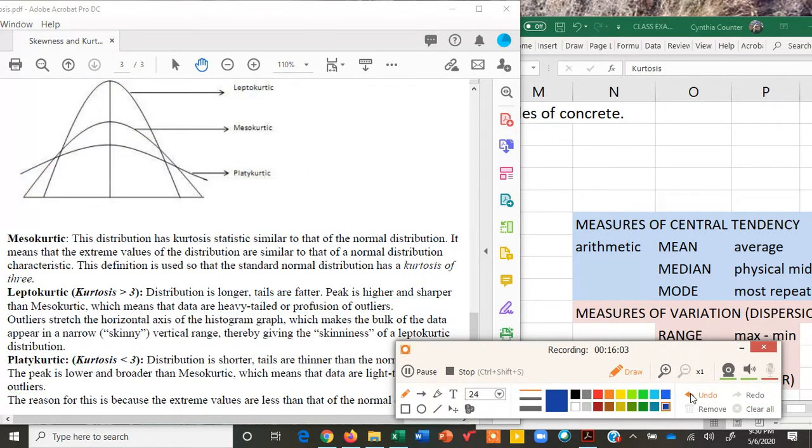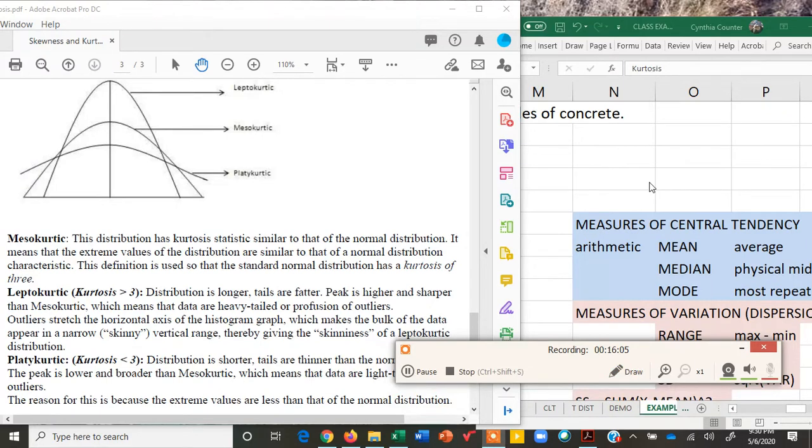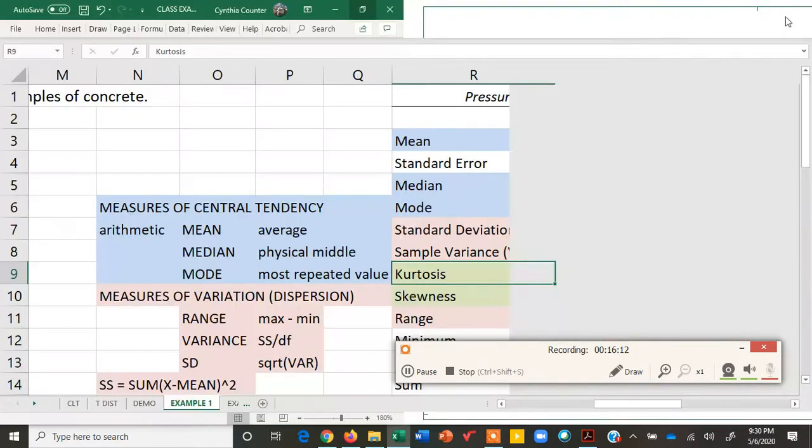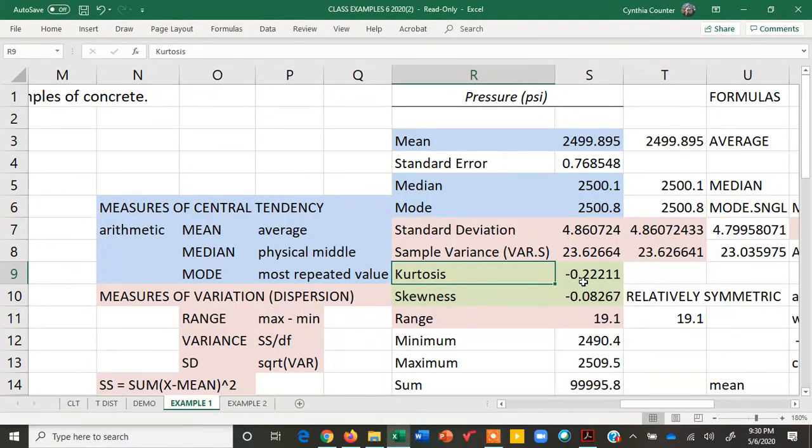But of course, that's not always going to be the case. Now, if we look at our example here, if we go back to our kurtosis, look at that, very small, much less than 3. We're looking at something flat.